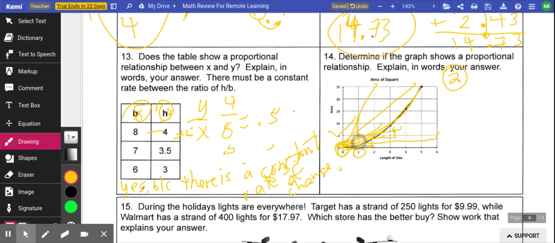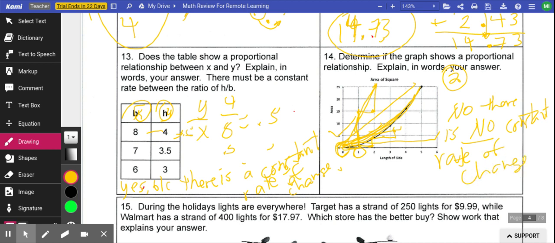So if it goes over 1x and up 3y, over 1x, up 3y, then that's proportional. This is not. So no, there is no constant rate of change. And again, I'm sorry, it is very difficult to write with this.